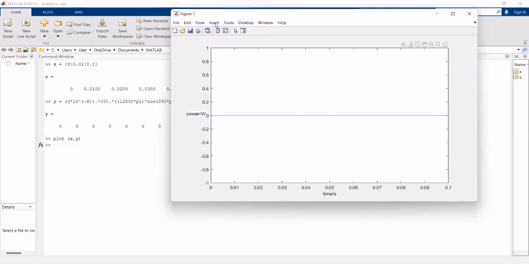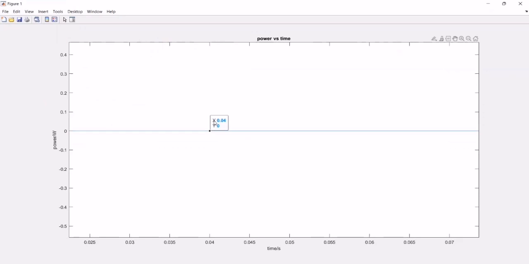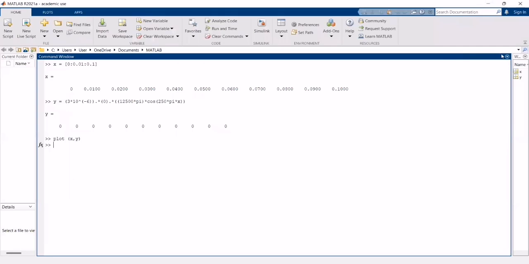We also need to insert the title, power versus time, and lastly we need to plot at the time 0.04, where the power is 0. Okay, next question, which is question 2.